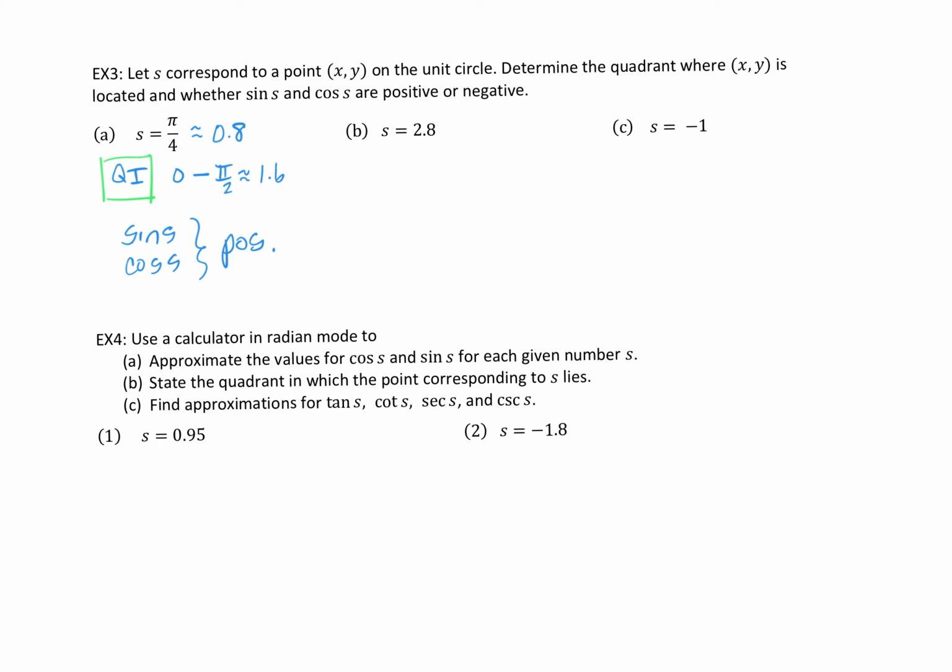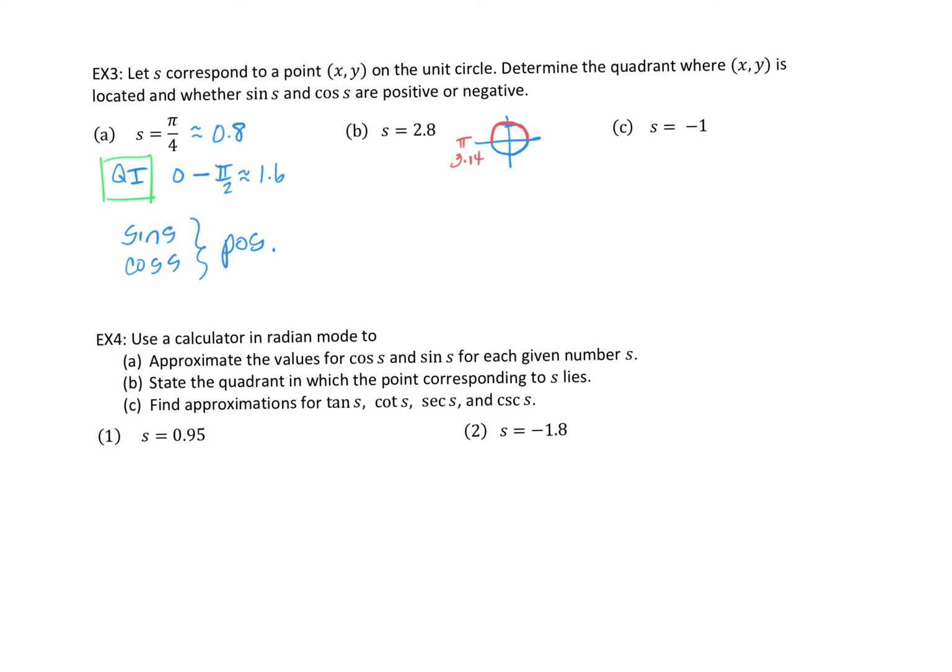What about 2.8? Well, we know that in the first quadrant, it goes values from 0 to approximately 1.6. In the second quadrant, and perhaps I should just draw this, we end up at pi. Pi is approximately 3.14.